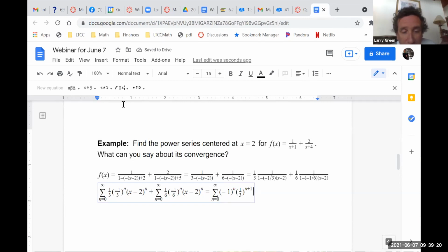And then plus, probably need one more parenthesis, plus 1/6 to the n plus 1, same idea. In fact, I think I can copy and paste. Change the 1/3 to the 6.